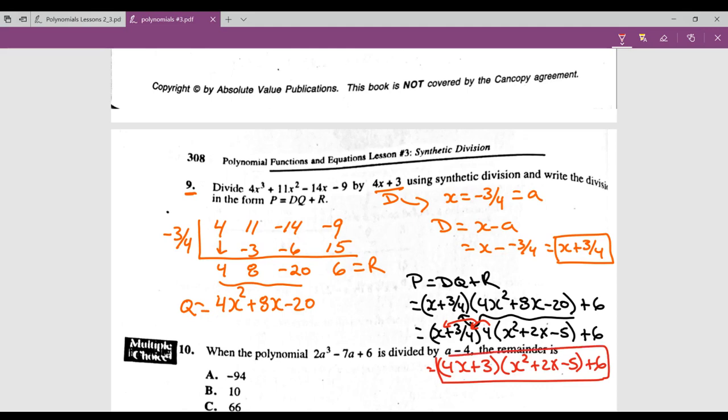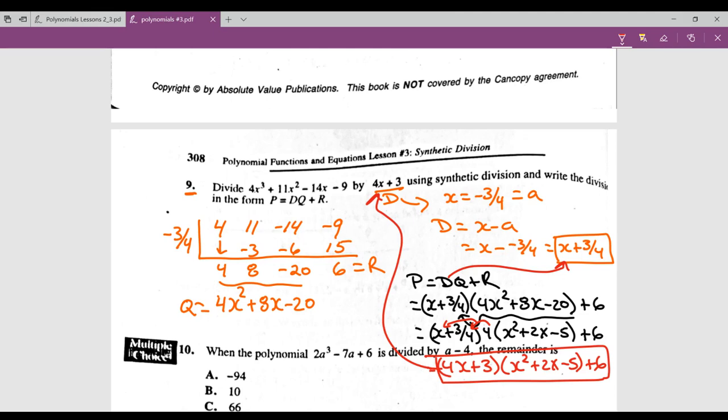That is my final answer. And this 4x plus 3 should always match what you started with. Okay, so that's the only trick: when you rewrite it as d times q plus r, your d value has to be with the a value, in the fractional form.